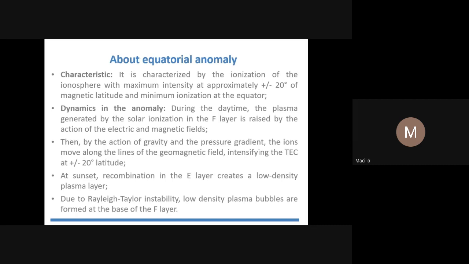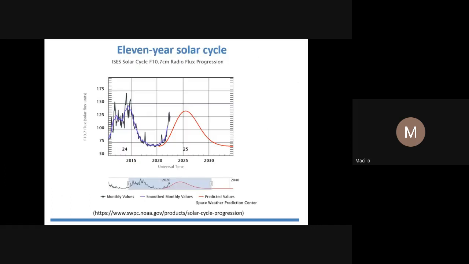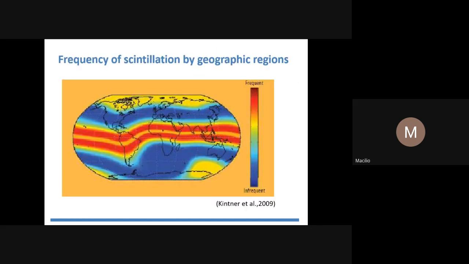You saw this in the previous slide: exactly the problem of the anomaly. Around the equator, you have low ionization, and maximum ionization is at about plus or minus 20 degrees.